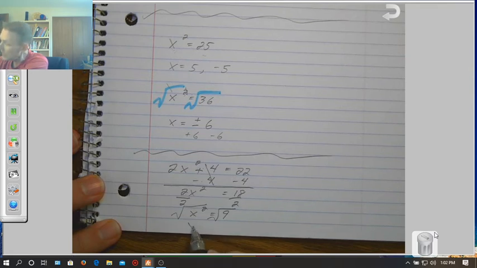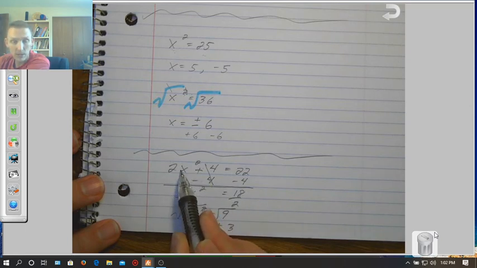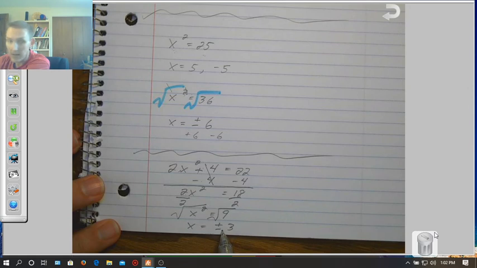And that's going to get x alone, and then don't forget, we put the square root symbol in this problem, so I'm going to get plus or minus 3. Now, if I wanted to check this answer, I can take my positive 3, and I can plug it all the way back in the beginning. I can take my negative 3, and I can plug it all the way back in at the beginning, and I can check my answer.